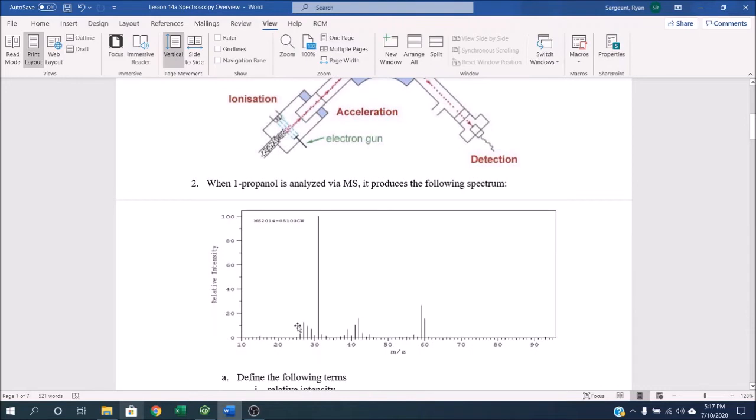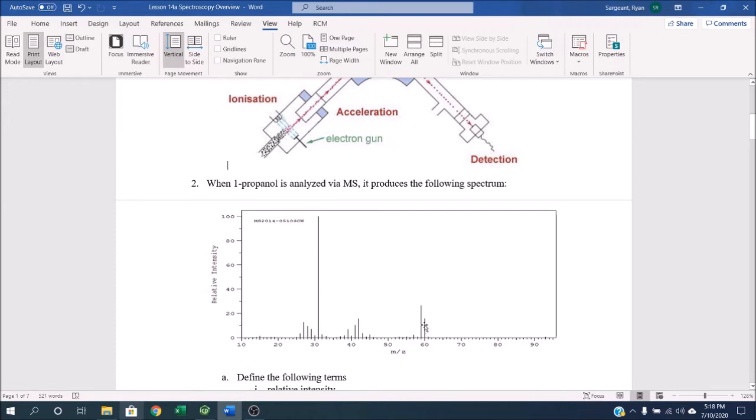So if you think about this in terms of pixels, maybe for every 1,000 ions that strike the detector, it adds 1 pixel to this particular line right here. So we don't care how many individual ions strike the detector at each mass. We just want to point out that the most common fragment that's striking the detector has a molar mass of 31, or a mass to charge ratio of 31.